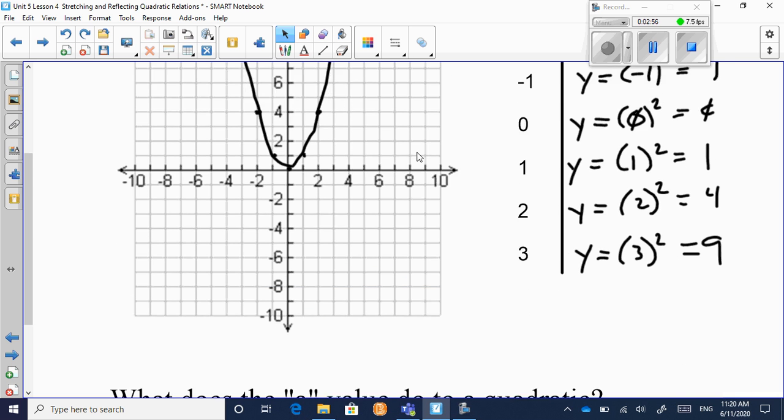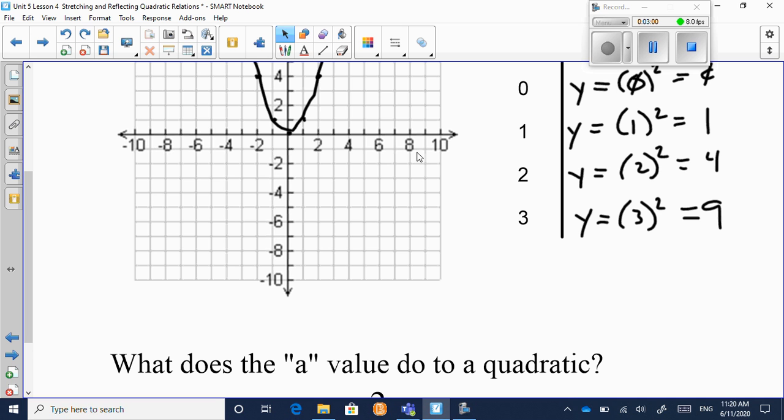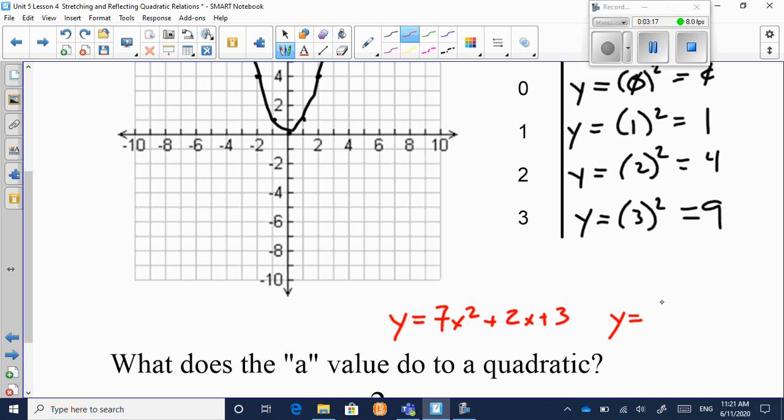But now we're going to start. We know that quadratics can be anything. We've seen quadratics like y is equal to, I don't know, 7x squared plus 2x plus 3. We've seen them in factored form, and they look like this: x plus 2, x minus 3, and so on.